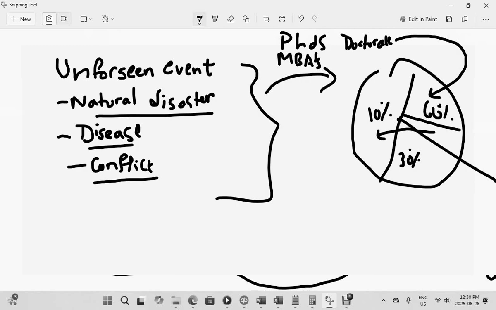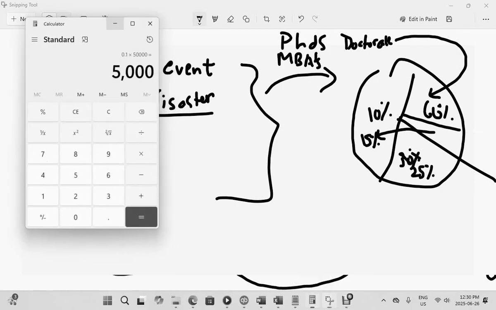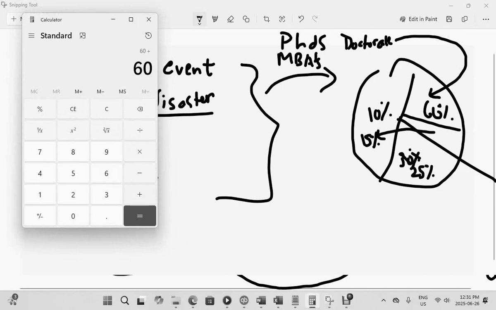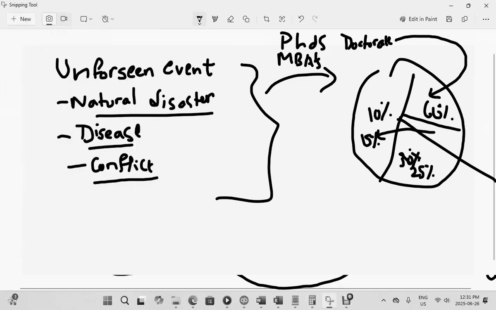And all of a sudden, you have 15% who are discouraged, 25% who are unemployed, and then 60% who are employed. So you add all this up. This is 60 plus 25 plus 15. That's a total of 100%.